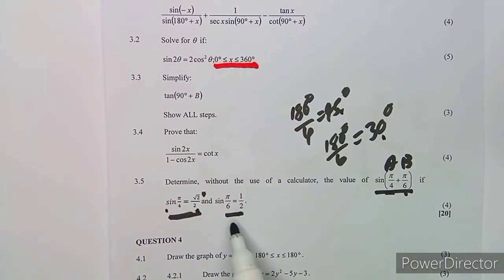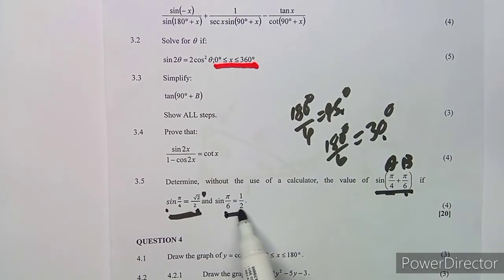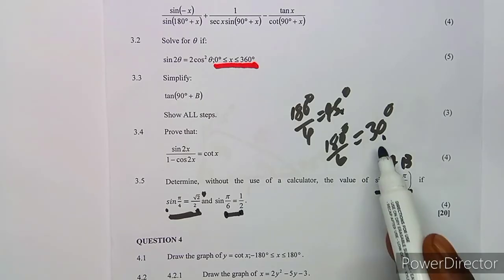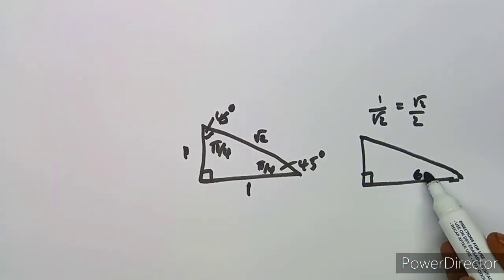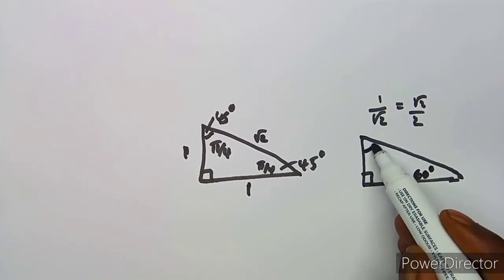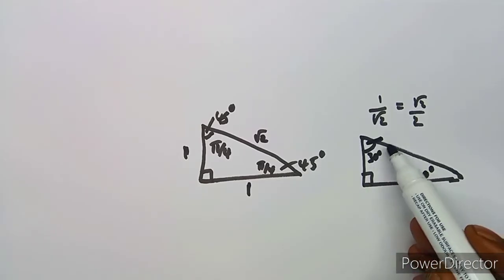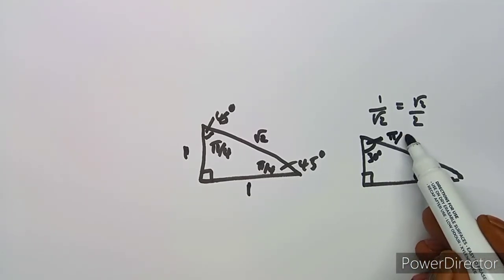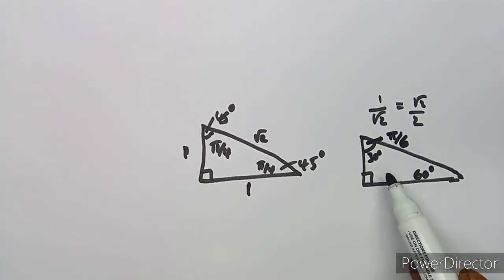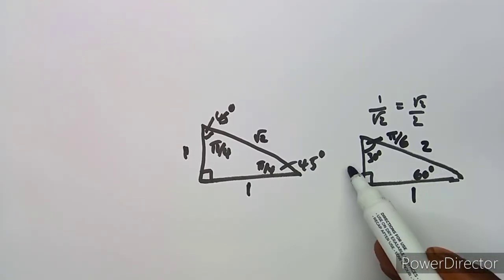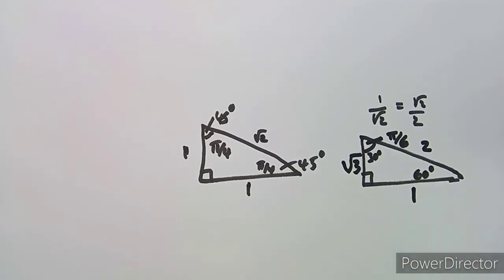Okay, another one is pi over 6, of which pi over 6 is 30 degrees. Remember I said pi over 6 is 30 degrees. So remember, this is where you have got your 60 degrees, and this is where you have got your 30 degrees. So this 30 degrees is your pi over 6 here. So remember, this is 1, and this is 2, and this is square root of 3 from that triangle.